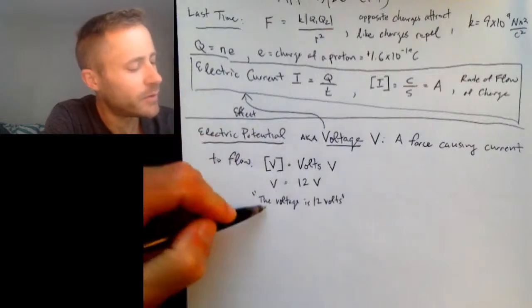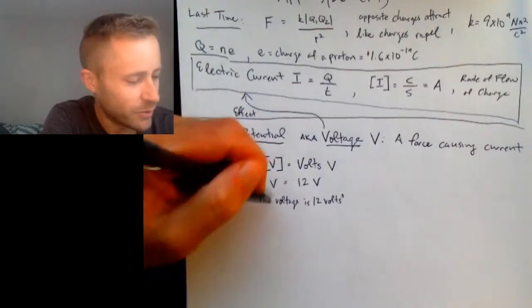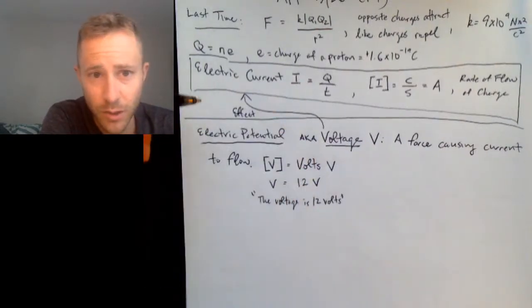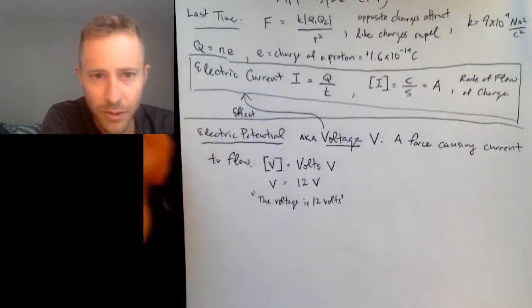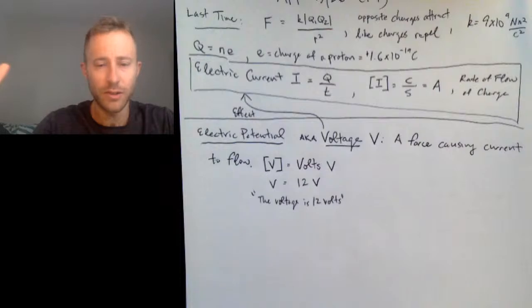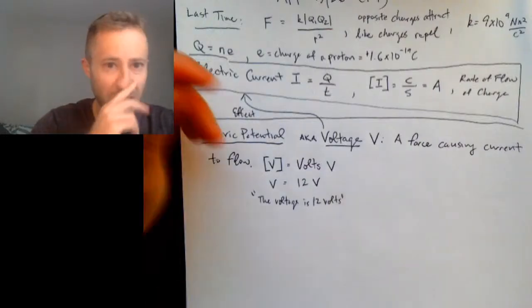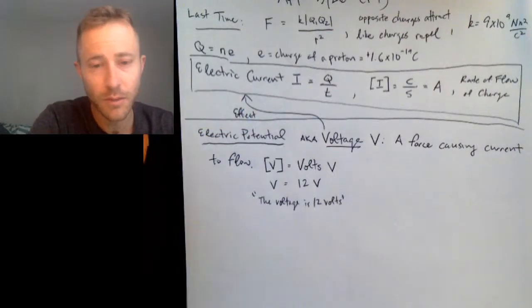So you want to keep that in mind. You don't cancel out the V's and get 1 equals 12. On the left-hand side, V is representing the quantity voltage, and on the right-hand side, it's the unit volts.